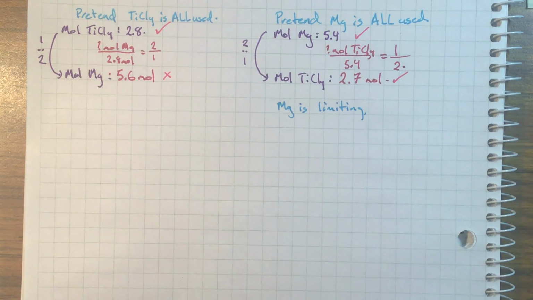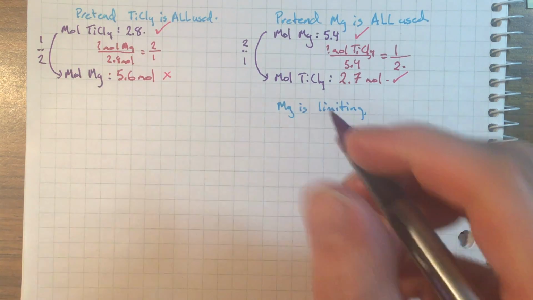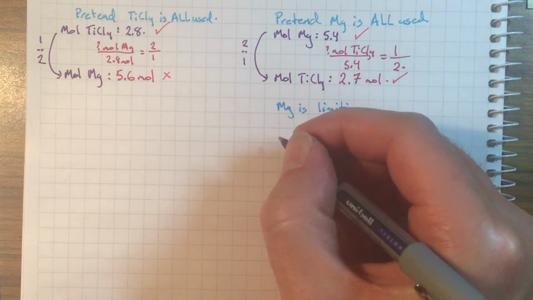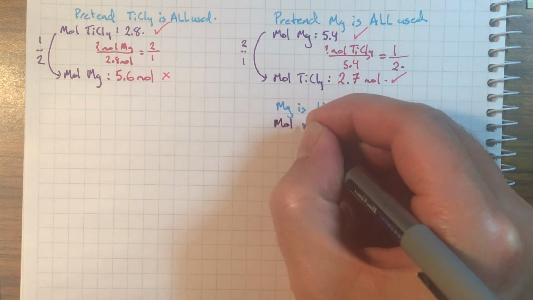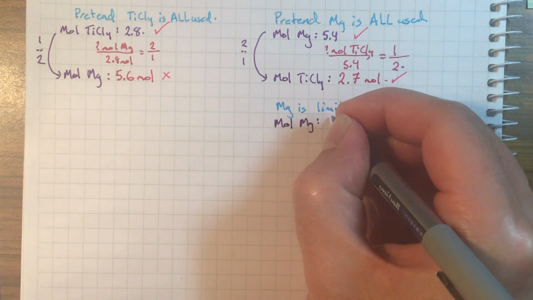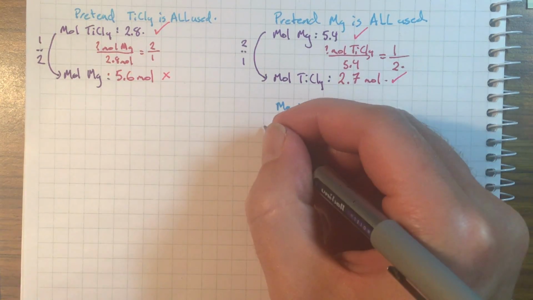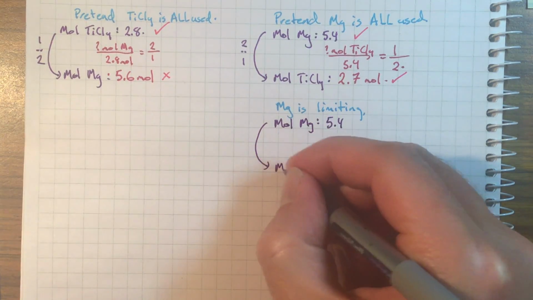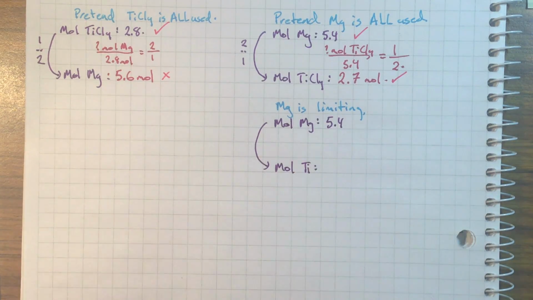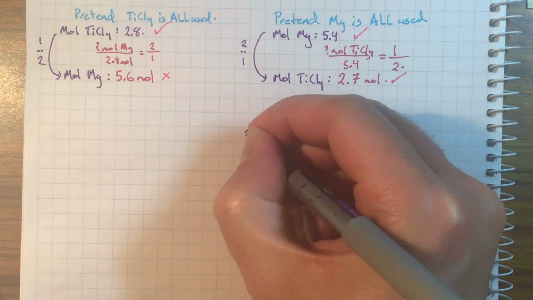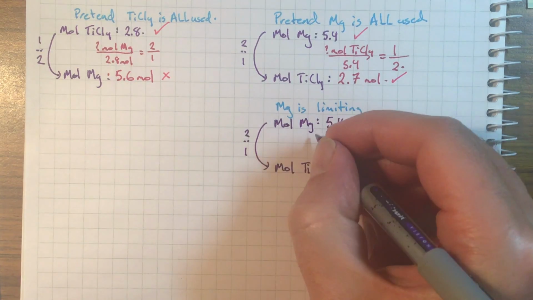Good, so now we can use our magnesium to figure out how much titanium there is. So we're going to go from our moles of magnesium, which is 5.4. We're going to go to our moles of titanium. Using our molar ratio, it's 2 moles of magnesium to every 1 mole of titanium.